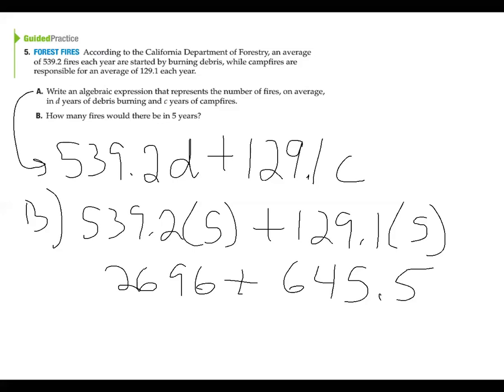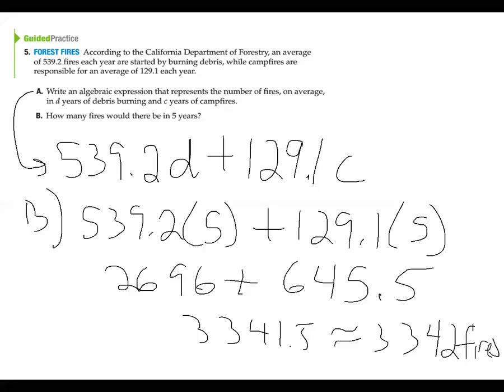So when you add those together, you get 3,341.5, which is about 3,342 fires. Since you can't have half a fire, if you have even part of a fire, you just count that as a whole fire. Okay? So 3,342 fires.